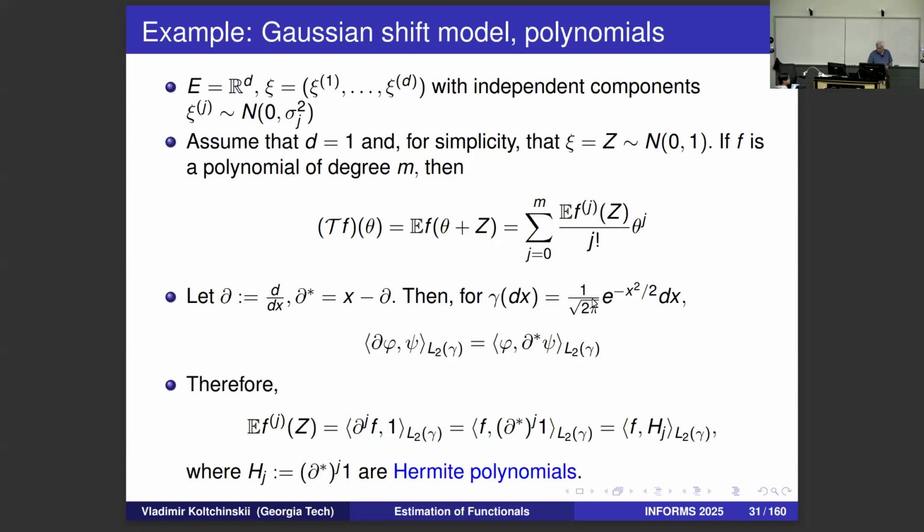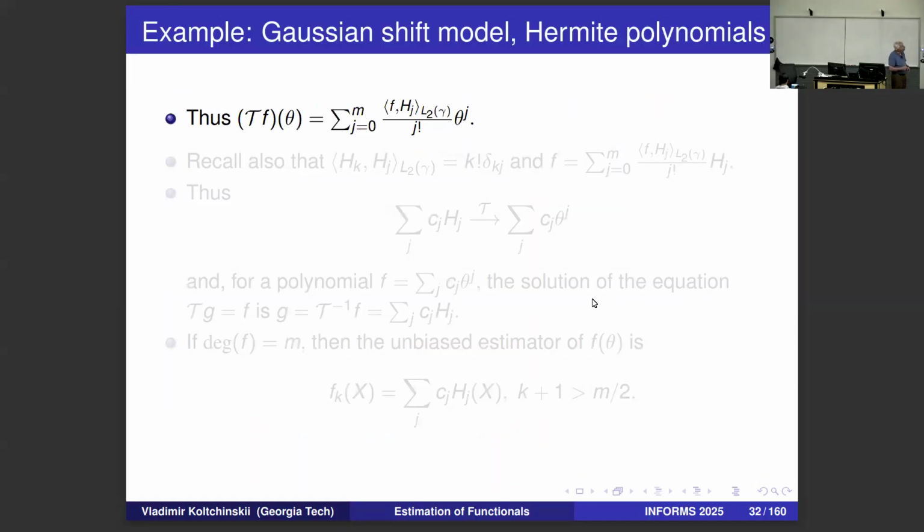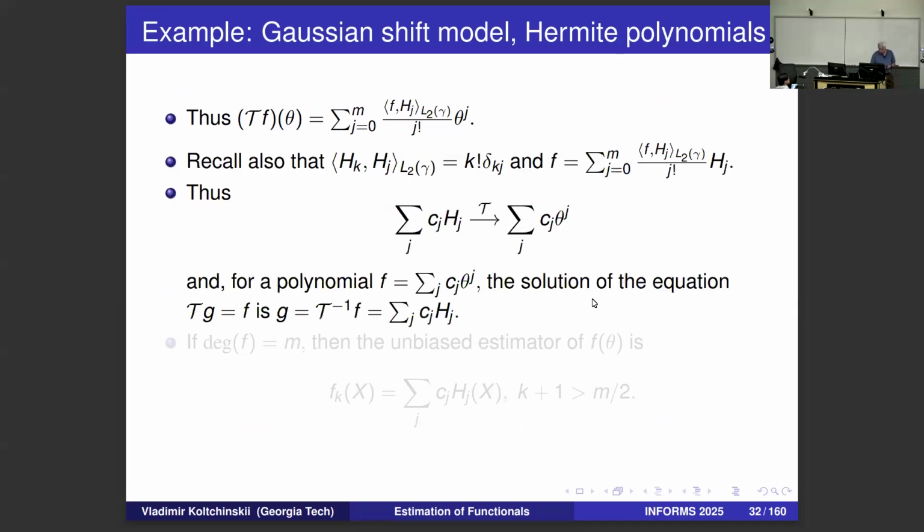Now if we look back at these formulas that we wrote here and replace this by this inner product, then Tf will be written in this form. And we also know that Hermite polynomials are orthogonal, and using this orthogonality condition we can decompose the function f in terms of Hermite polynomials, because f is a polynomial of degree m in our case, and it can be written in terms of Hermite polynomials as a Fourier series with respect to these orthogonal polynomials.